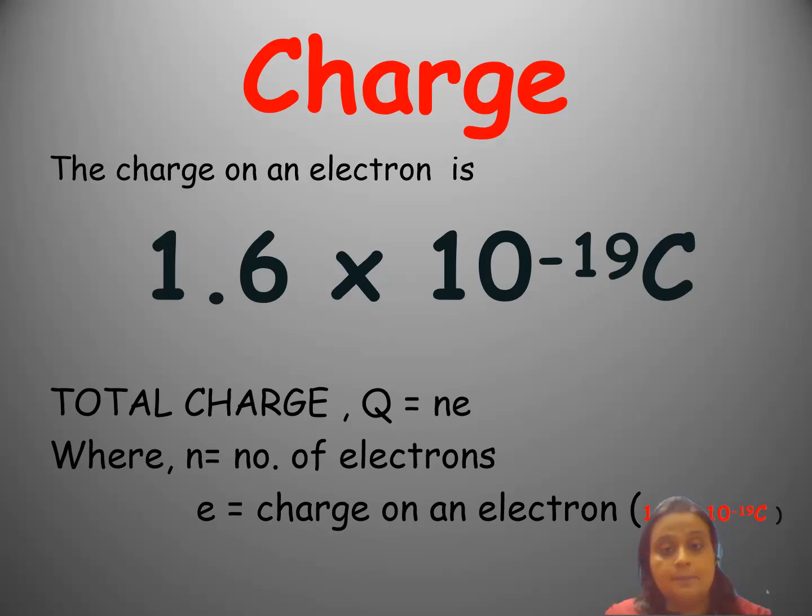If you want to find the total charge in any circuit, and you know the number of electrons flowing and the charge on one electron, you simply multiply the number of electrons with the charge on one electron. You can use this formula to find the total charge. The formula is important, you have to remember that. But don't expect the value will be given; you should remember the values with units.